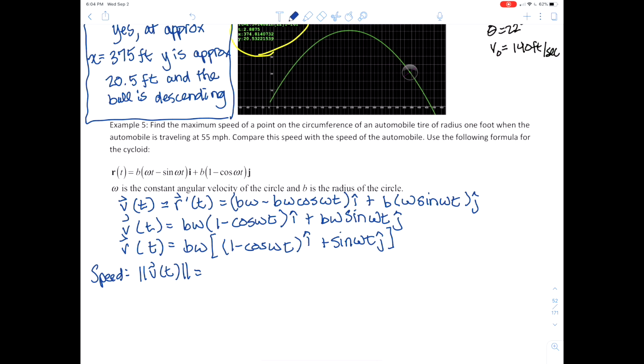So that's going to end up being the absolute value of b omega, because they're constants, times the square root of (1 minus cosine omega t) squared plus sine omega t squared.